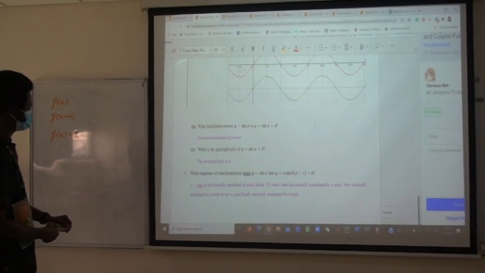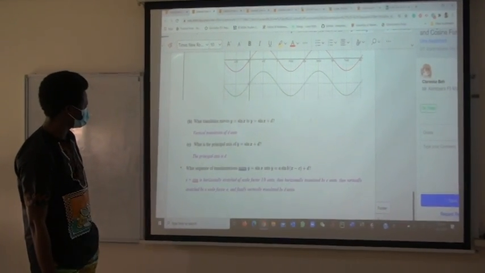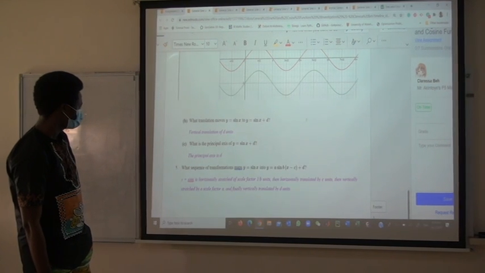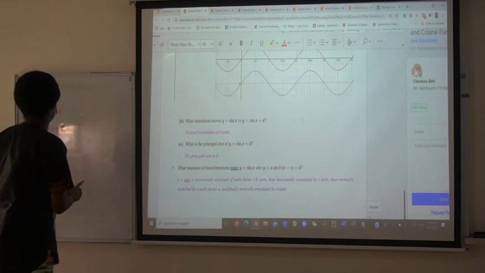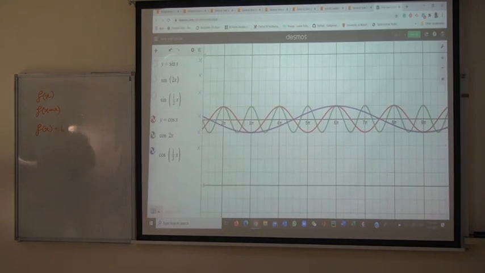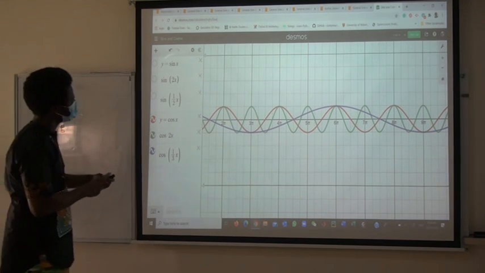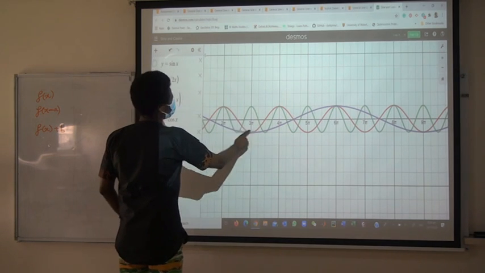Okay? And here, this is just for the general one. Sequence of transformation. Somebody wrote sine x is horizontally stretched, scale factor 1 over b. So if you look at it, from the stuff that I showed you here, there's a stretch, isn't it? From the red one to the purple one.